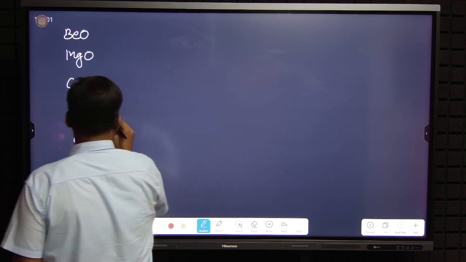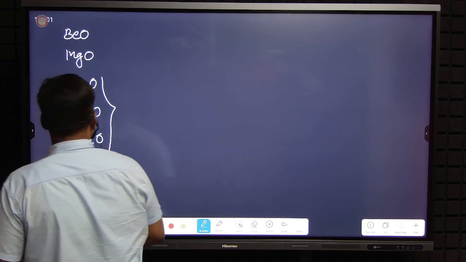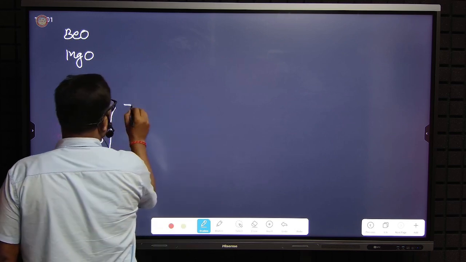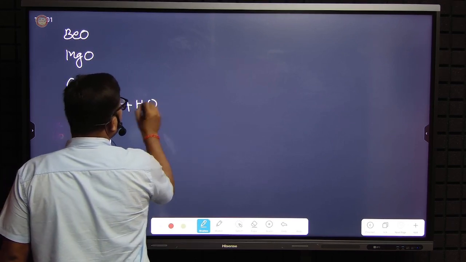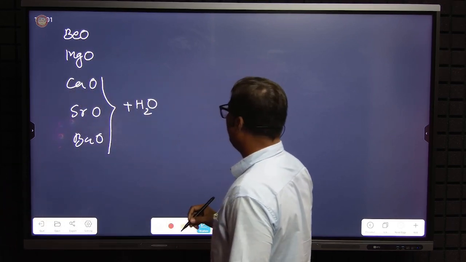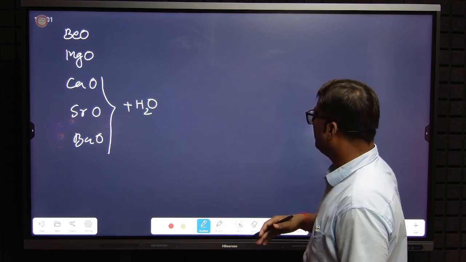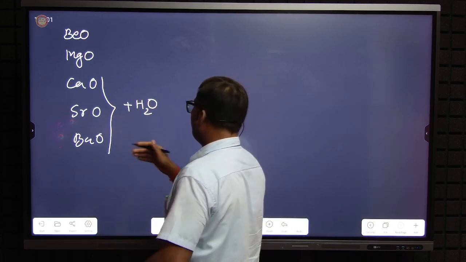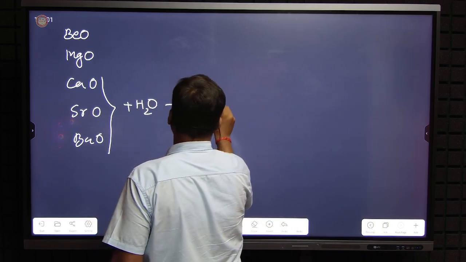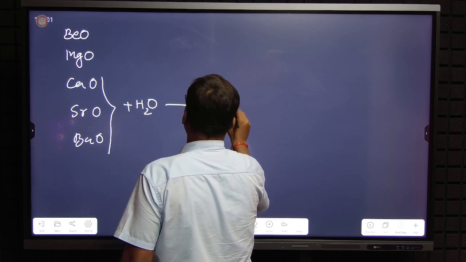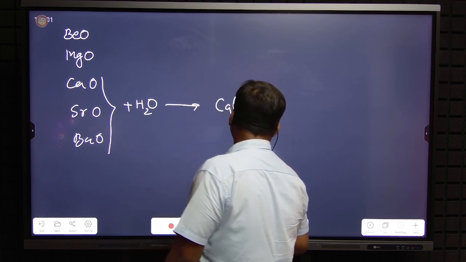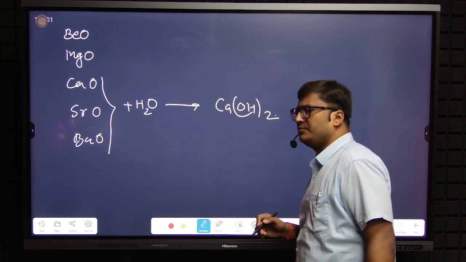So these three oxides, when they react with H2O, that is water, in the cold state or at room temperature, they form Ca(OH)2, calcium hydroxide.